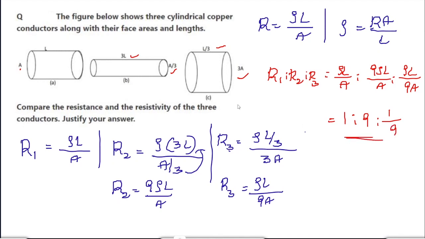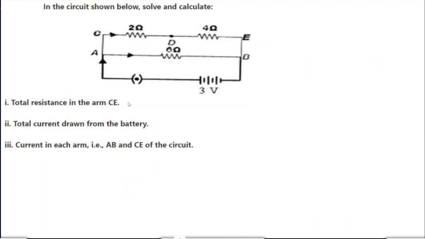So this is the comparison between all the resistances. Then what about resistivity? We already know that resistivity does not depend on the shape, length, or area of cross section, right? So simply rho A, rho B and rho C are all equal. Got it? So this is the relation between resistance and resistivity.